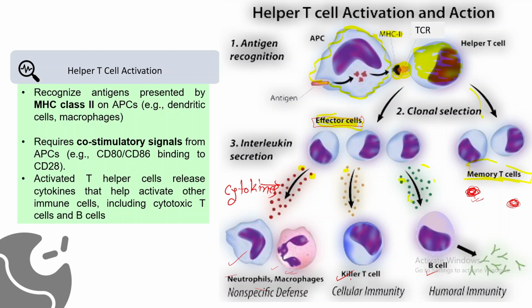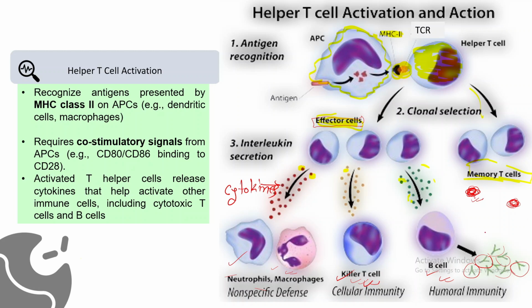Then this killer T cell, or we can say cytotoxic T cell or cytotoxic T lymphocyte, directly kills the pathogen. And here we see the B cell, after getting activated by cytokines, produces antibodies. These antibodies then bind with the antigen, or bind with the virus or bacteria, and block this.